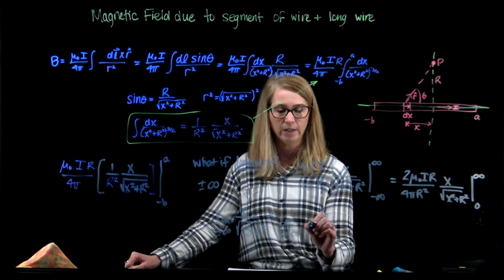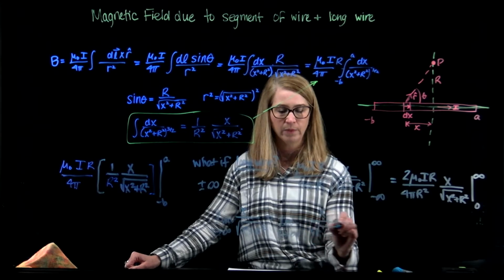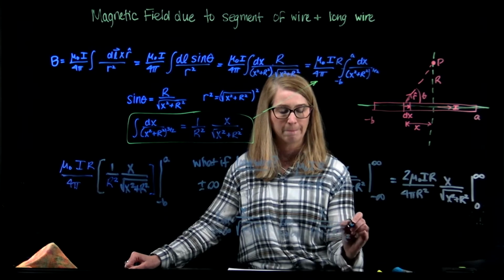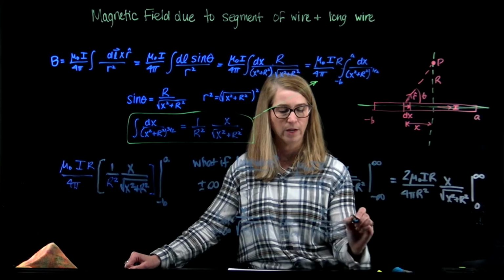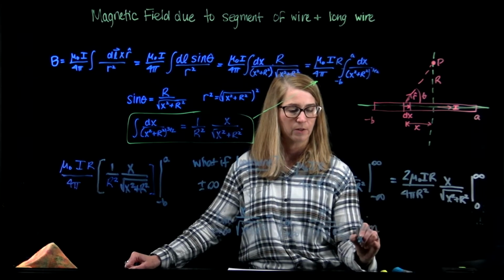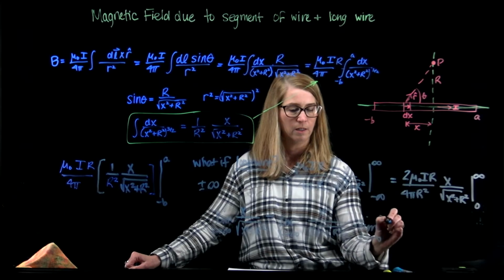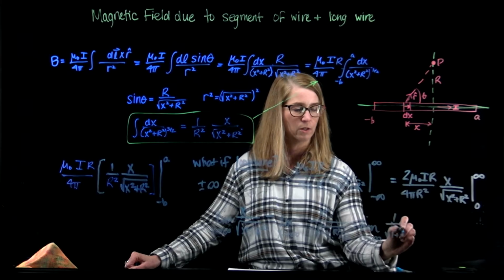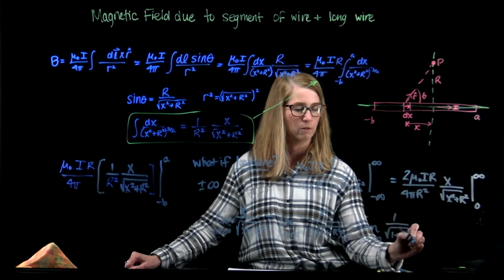If I factor out an x in the bottom, I get 1 plus r squared over x squared. Then these x's cancel out, and I get the limit as x goes to infinity of 1 over the square root of 1 plus r squared over x squared.